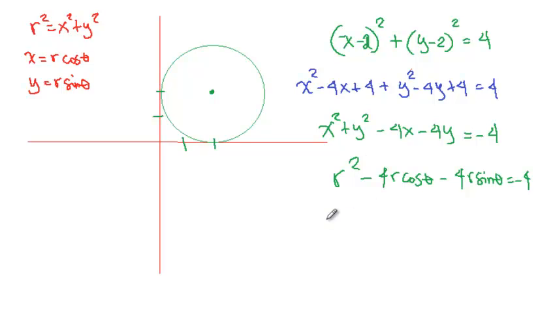If we do that, r squared minus 4r times cosine theta plus sine theta equal to negative 4. What after that? Does it look good to you? No, it's not good. It's not looking any good to me.